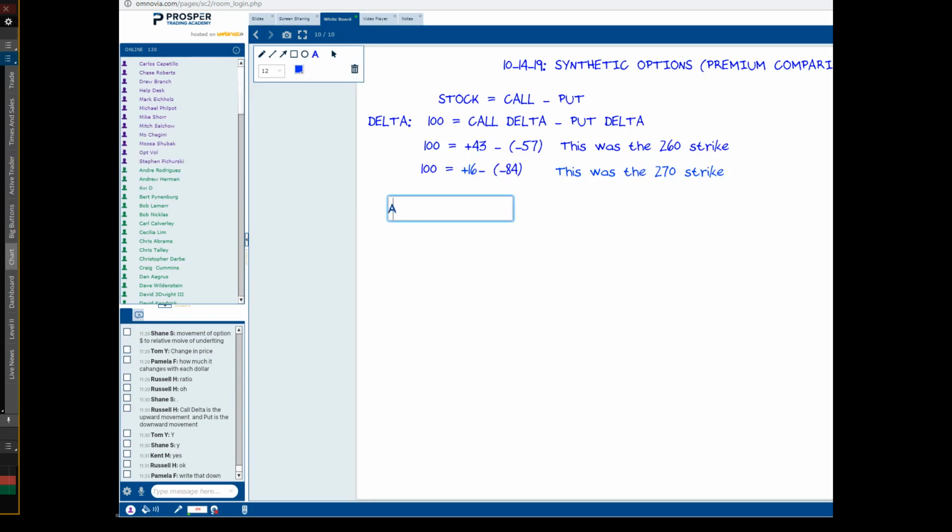Okay, so the same equation is true for a short stock position. So minus stock would equal a put minus a call.